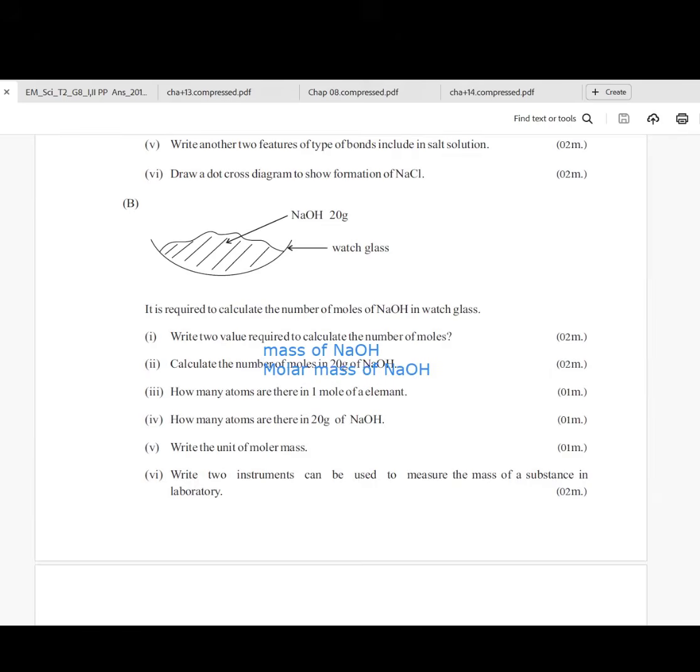Calculate the number of moles in 20 grams of NaOH. Before that, you all have to find the NaOH molar mass. Na 23, O 16, H 1.